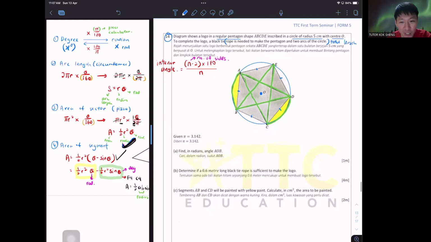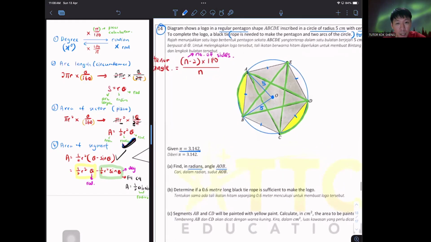Okay, let's start from the first one. Take pi as 3.142. First one, find the radian angle AOB. These two are the same length, which is the radius 5. Okay, make it bigger.